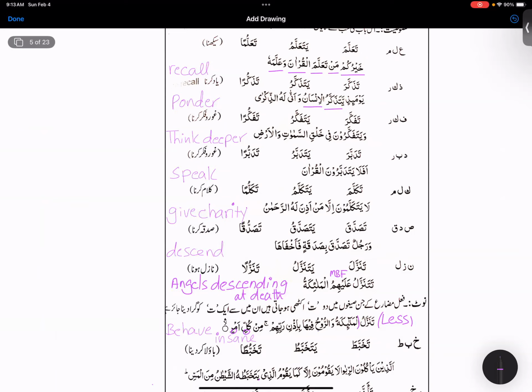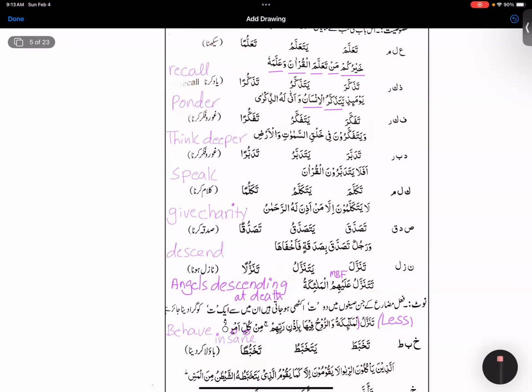We will not forget anything. Wa anna lahu zikra. This is a rhetorical question: what benefit will it give you on that day? They will remember everything, but this reminder is not going to be of any benefit to them.